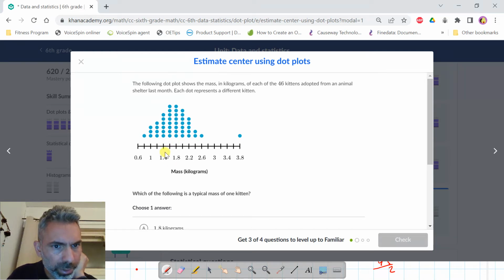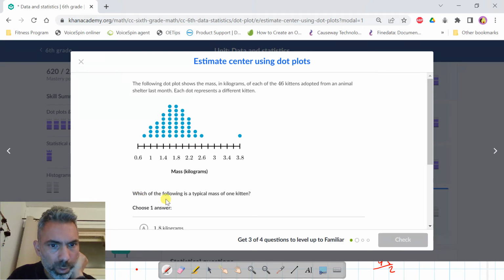Each hash mark here is 2/10: 0.6, 0.8, 1, 1.2, 1.4, 1.6. So this is 1.6 and this is 1.8, and 1.6 and 1.8 kilograms have the same number of kittens. So this is the typical mass in kilograms for the kittens.